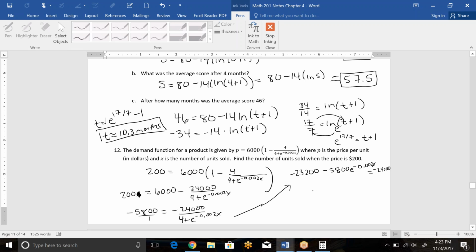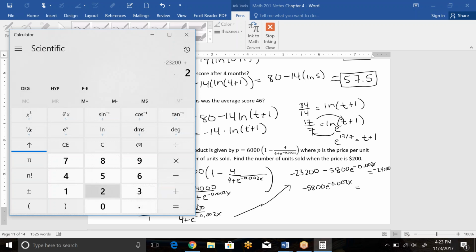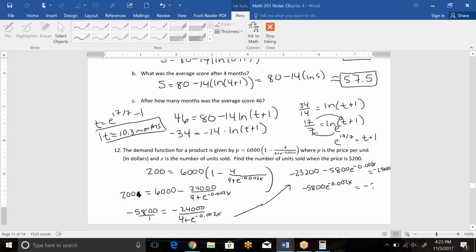Okay, start solving this. We would add over this 23,200. So this will be negative 5,800 e to the negative 0.002x equals, I know this will be the wrong sign, but I'm going to go ahead and do it since it's already typed in. So it would be negative 800 divided by the negative 5,800. And that'll be a positive now because it's a negative divided by a negative.